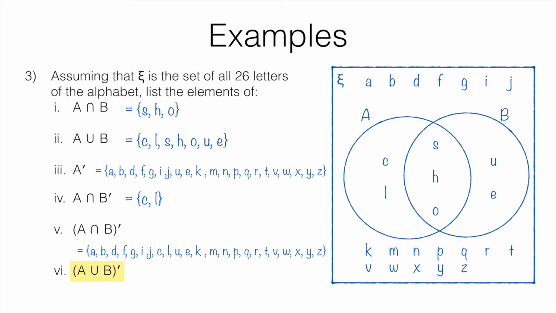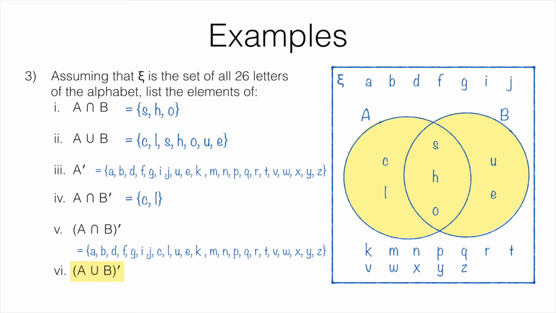Finally, on this question, we've now got the complement of the union of A and B. Pause the video and have a go at this one for yourself. Here's the answer. We know from part 2 that this is the union of A and B. Now we want the complement of this union, so we want everything that's not in here.